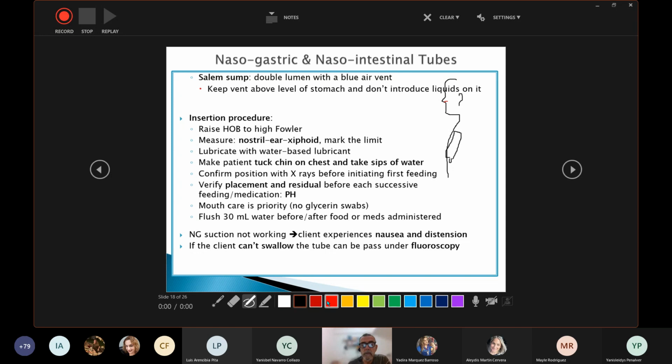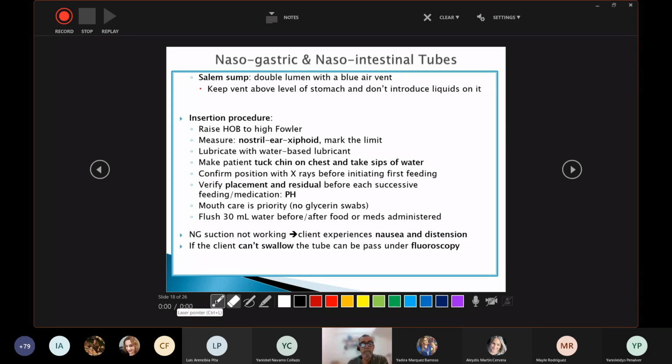From the nostril to the ear, and then from the ear to the xiphoid process. And then this is the remaining tube. So you mark here all the tube that is going to be introduced. Very well, so this is important.